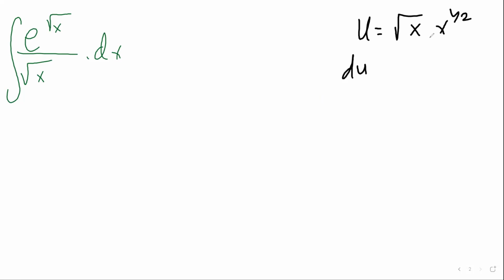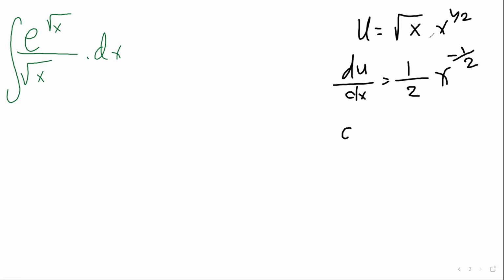So du over dx will be half x to the power n minus 1, which is half minus 1, which is negative half.